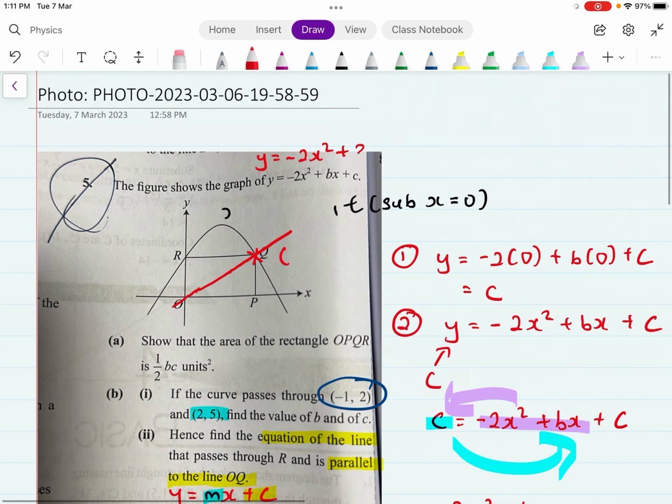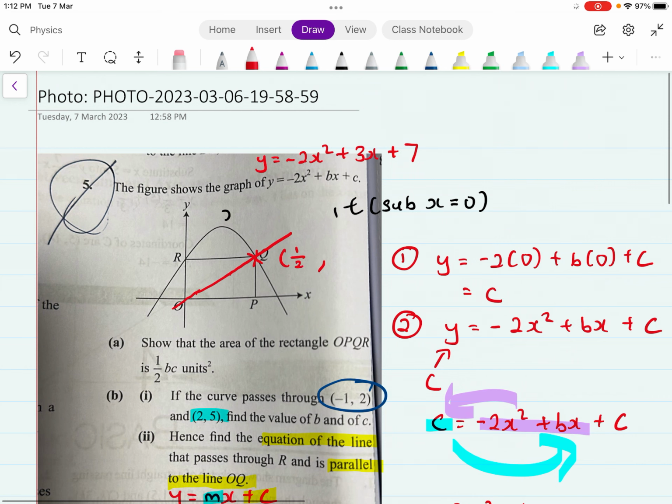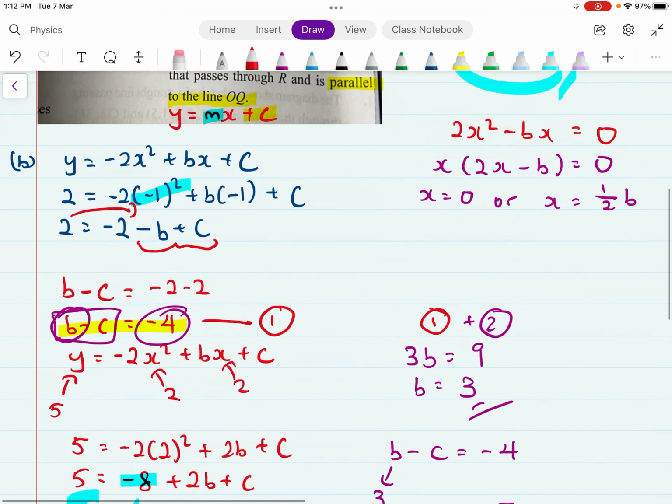Okay, so just now according to my memory, the coordinate of Q is half B and C. Okay, half B and C. So we know that my C is 7, my B is 3, right?